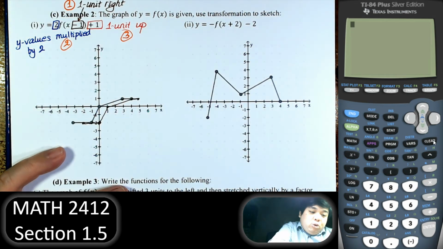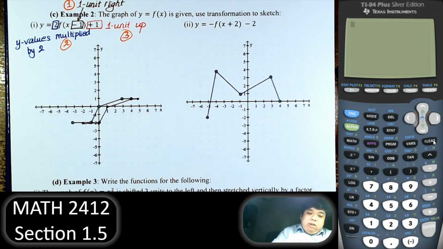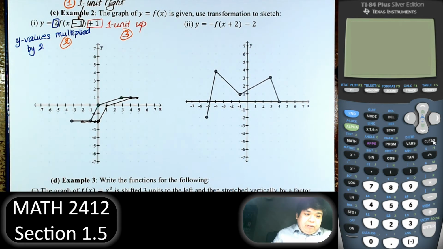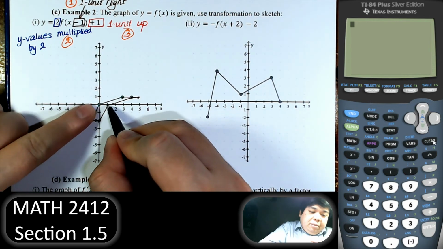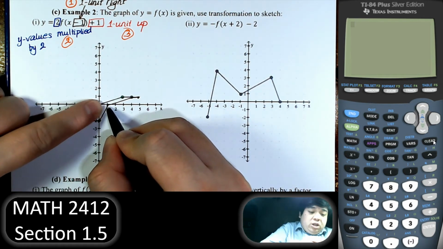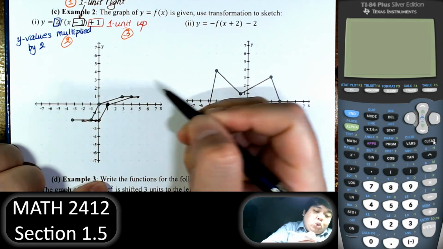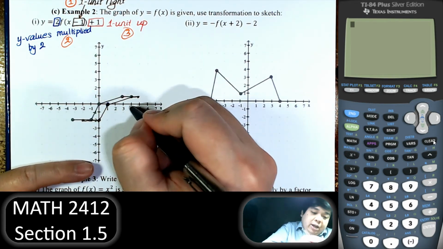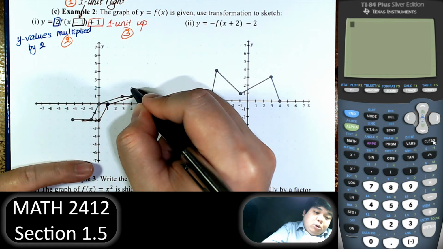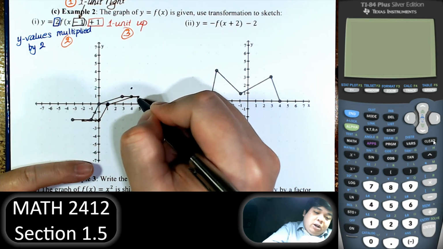Next, y values multiplied by 2. So whatever the y value is, multiply by 2. If it is 0, 0 multiplied by 2 is still 0. So that point will stay here for sure. Our y value here is 1 multiplied by 2. The y value here is 1 multiplied by 2.